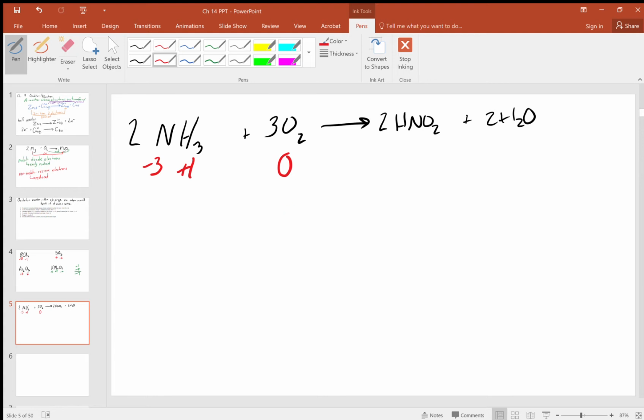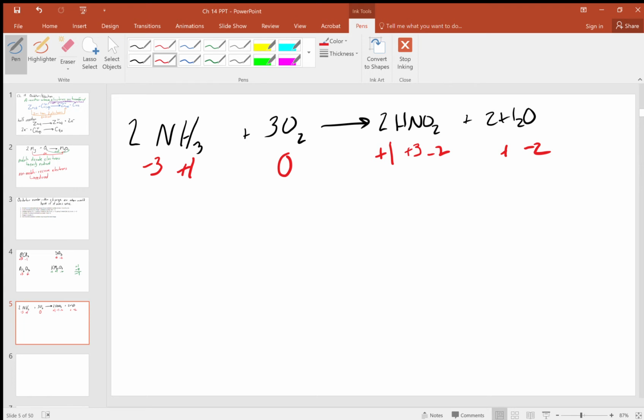On the product side, hydrogen in water is +1. We have 2 of those. That equals out with the -2 of oxygen. And in our nitrous acid, again, oxygen is -2 and hydrogen is +1. In order to make this compound overall neutral, the nitrogen would need to be +3.